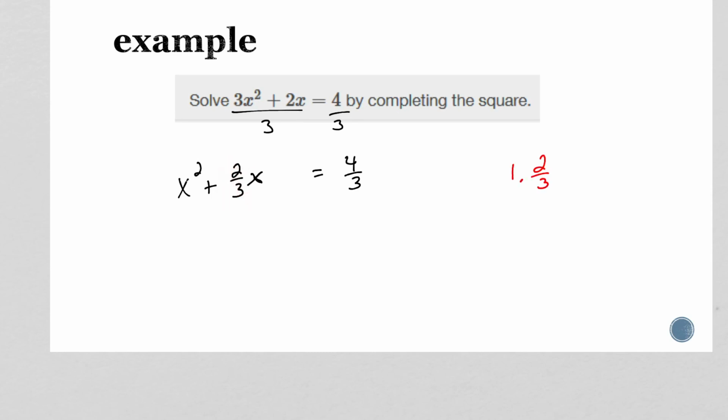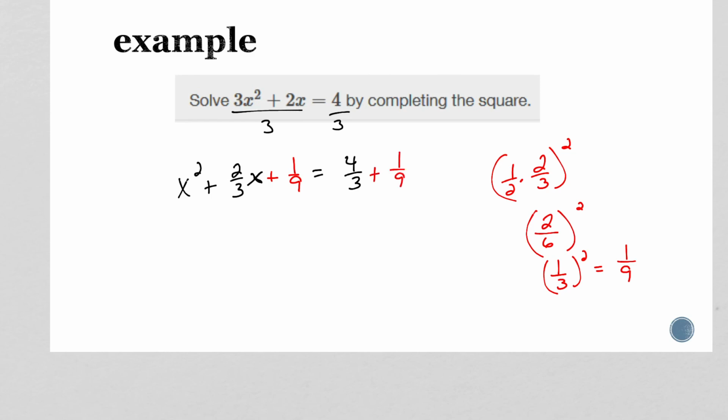I'm going to multiply by 1/2, and then I'm going to square that number. So what I get whenever I multiply by 1/2 is 2/6, which is 1/3, by the way, which is 1/9. Okay, so I would add that. I'm glad this is the last example.